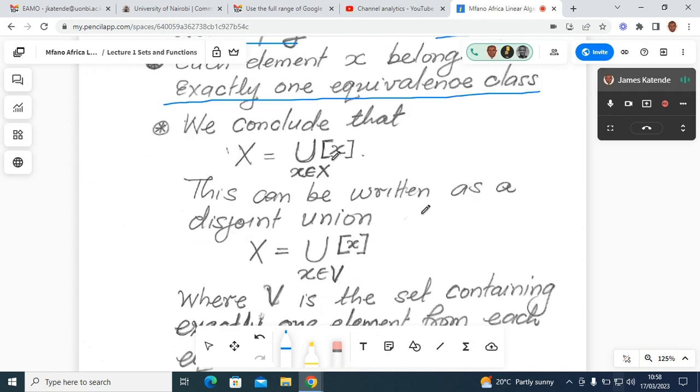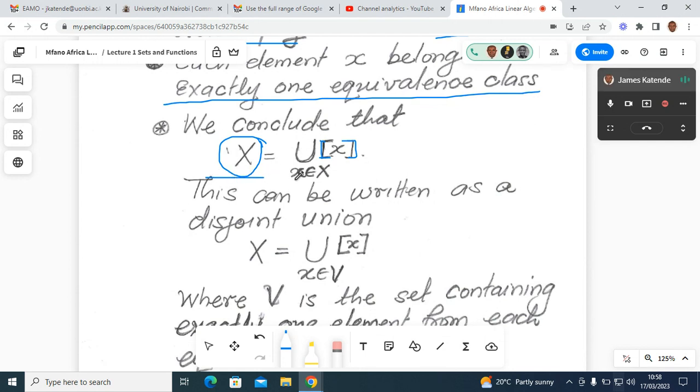Since every element belongs to some equivalence class, if you get the union of all the equivalence classes under this equivalence relation, you recover the whole set X.